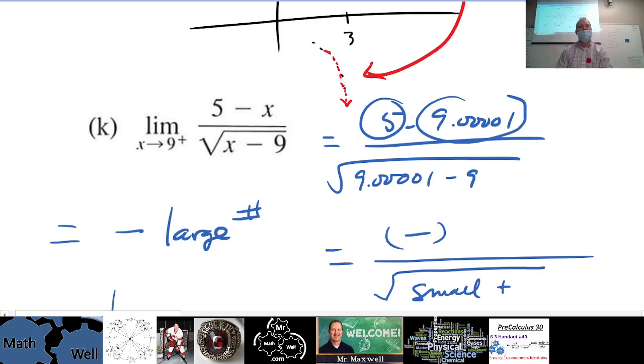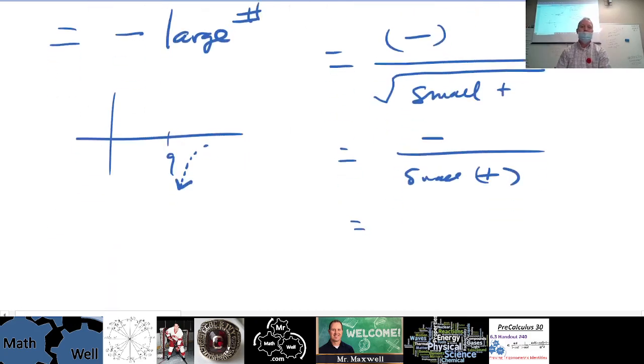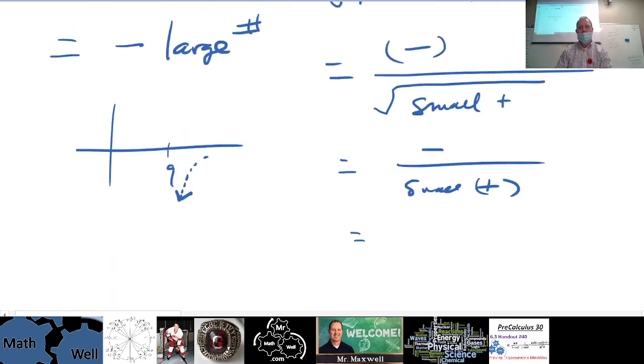But you usually only have to do it once. If you put this into your calculator, you would get a largely negative value. A lot of times you don't have to, because this is still a simple function. If you have a big long polynomial or a big long crazy thing, you could pump it into your calculator, but a lot of times you could just work through it logically. So that's a good point.